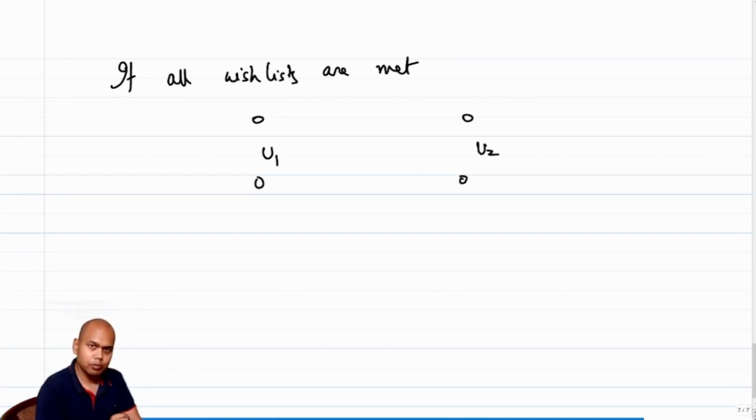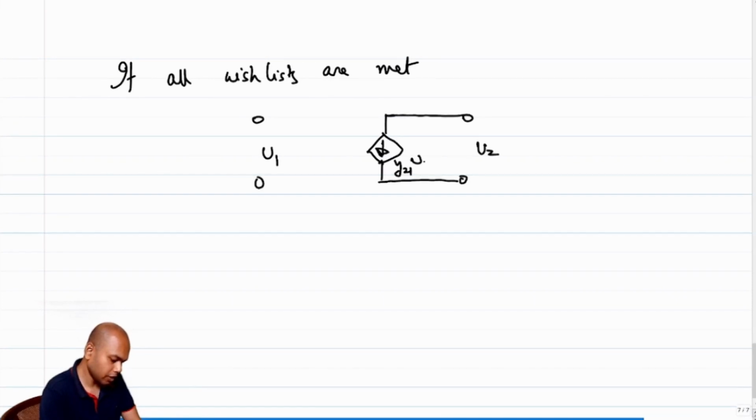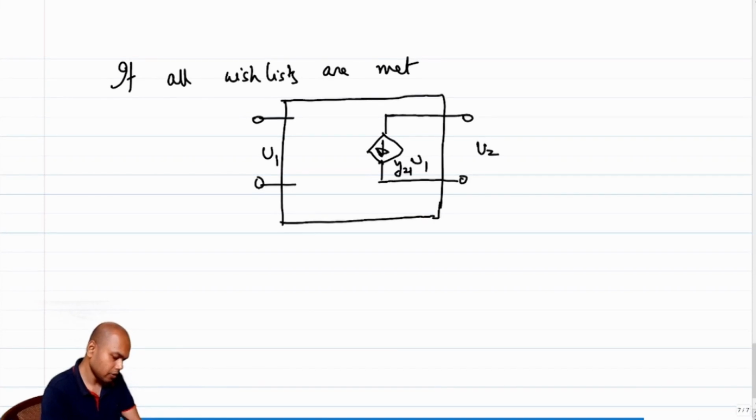Y11 should be 0, Y12 should be 0, so nothing is connected to V1. In V2, I should have one incremental voltage-controlled current source. This is Y21 times V1, and that's it. This is my ideal incremental model of an amplifier.